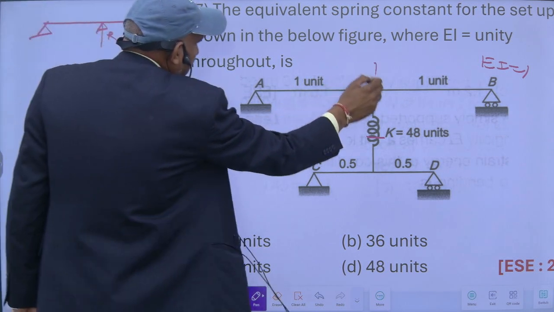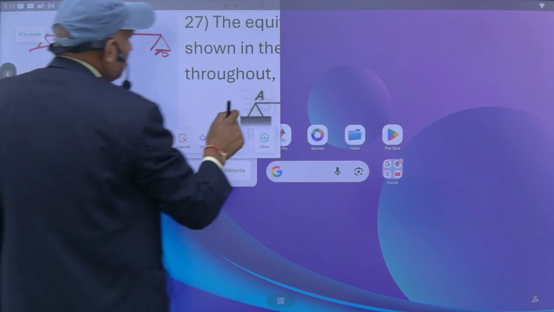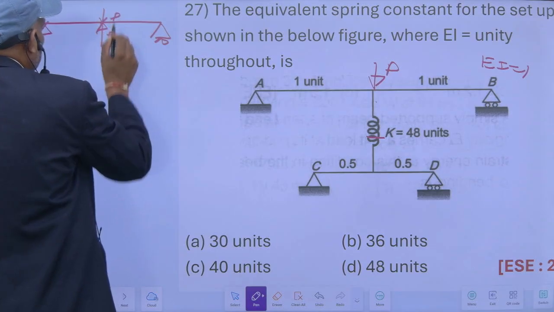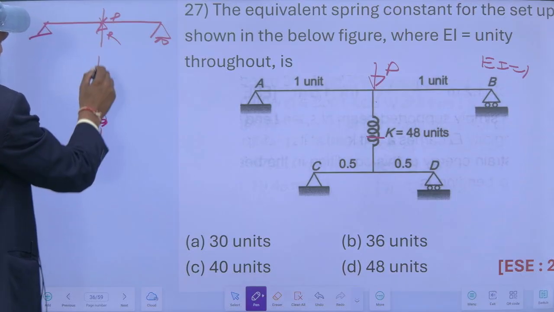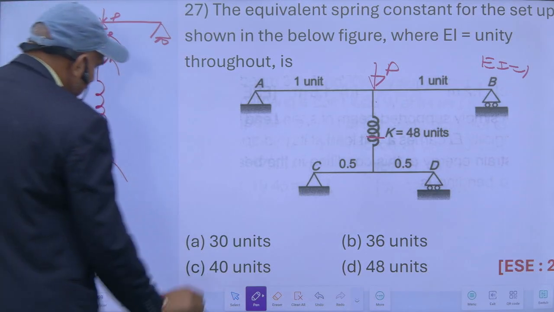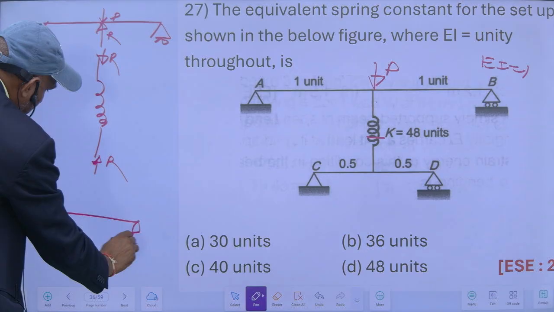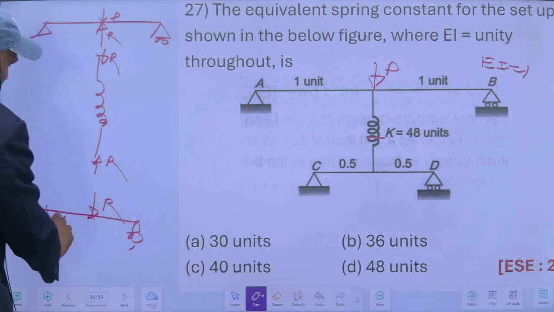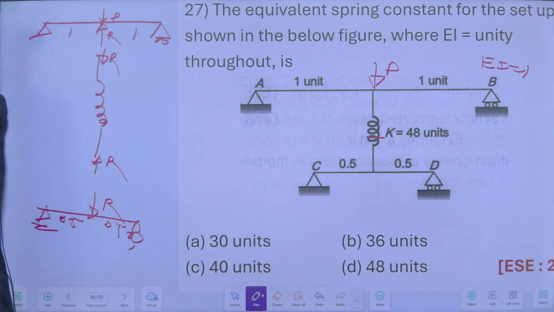Suppose some load P is acting, and there is some compression, so this will be compressive R, and in this beam there will be force R. This is 0.5 meter, this is 1 meter, this is 1 and 1.